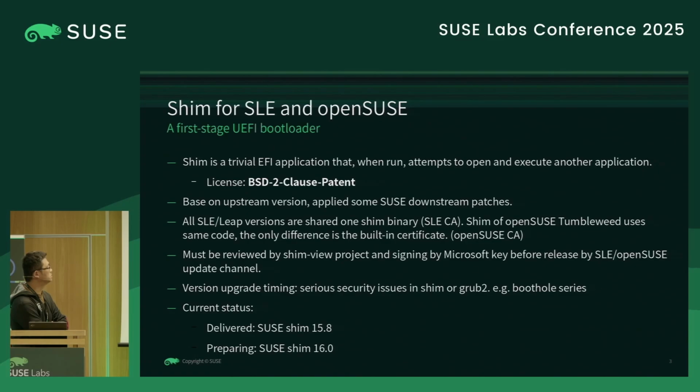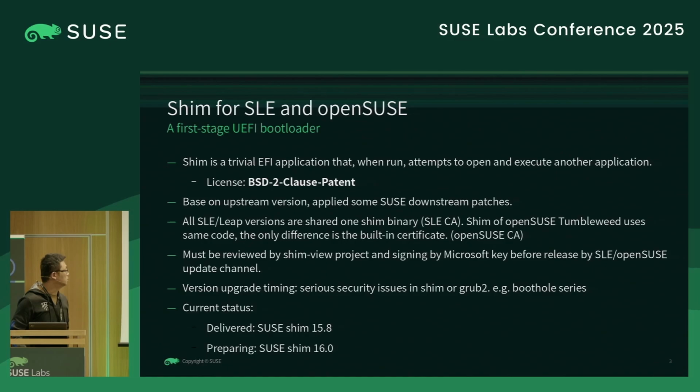So on SLE we use the SLE CA, and on Tumbleweed we use the openSUSE CA. Of course those binaries are the same, but just signed by a different key. And it must be reviewed by the shim-review project on upstream, and will be signed by the Microsoft key before release.